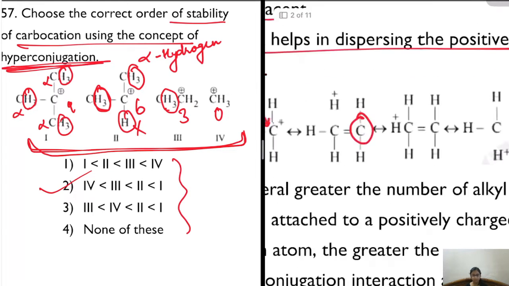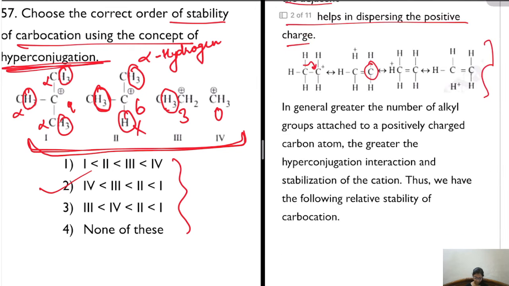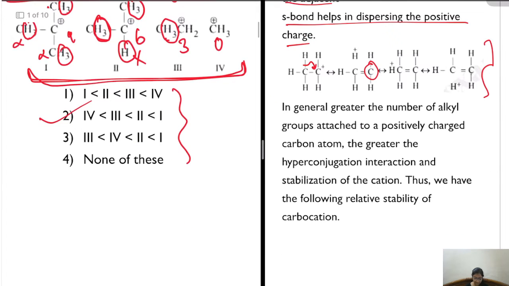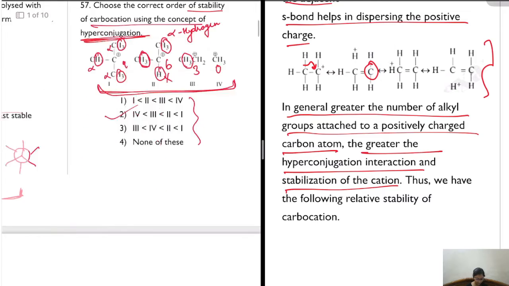You can see here. And this is a trend that will always be followed: the greater the number of alkyl groups attached to a positively charged carbon atom, the greater will be the hyperconjugation interaction and stabilization of the carbocation. So keep this in mind.